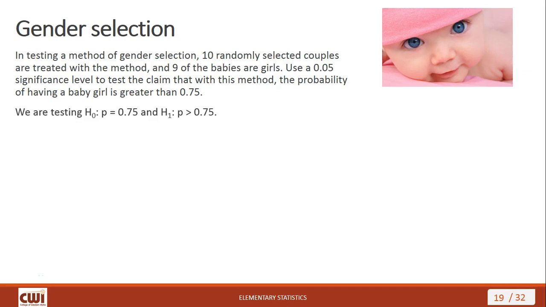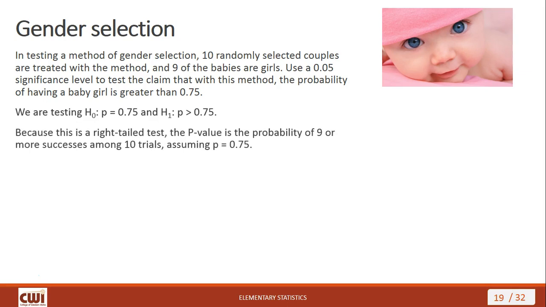So p greater than 0.75 becomes our alternative hypothesis. Now, this is a right-tailed test. We're using greater than as our inequality sign for our alternative hypothesis. It's like an arrowhead pointing in the direction of the critical region. So greater than pointing to the right means we have the critical region on the right tail of our distribution, hence we have a right-tailed test.